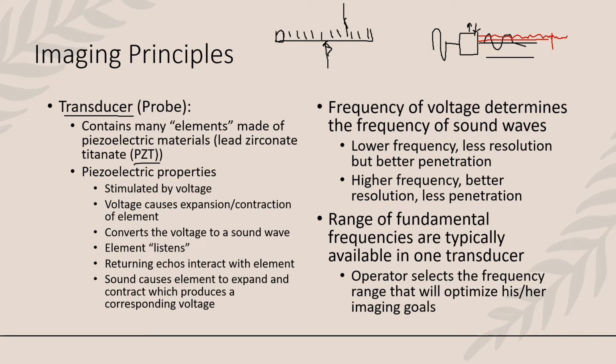When that sound returns as an echo, that sound property is going to act on this piezoelectric element, causing it to expand and contract again, and it will then have an output of a voltage that correlates with the incoming echo. So it really works as the transition point of voltage to sound and then sound back to voltage.